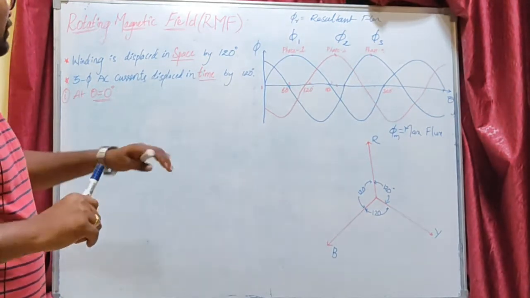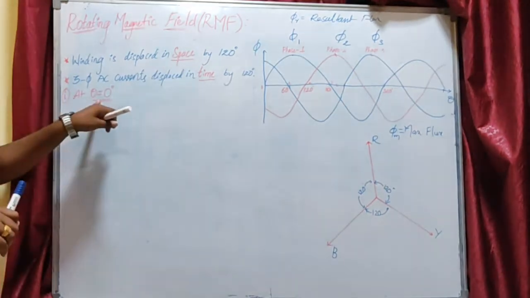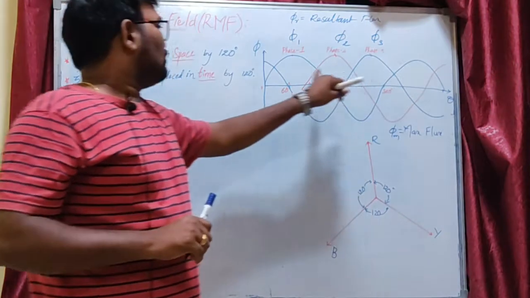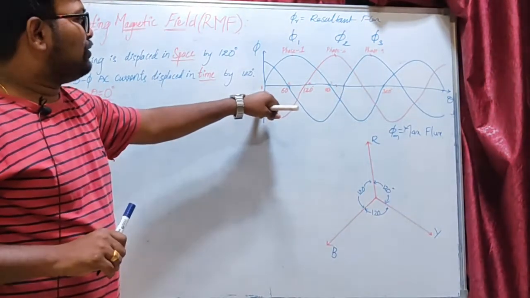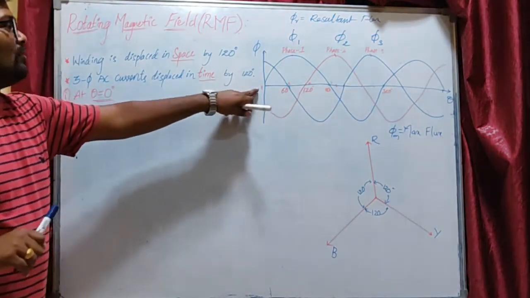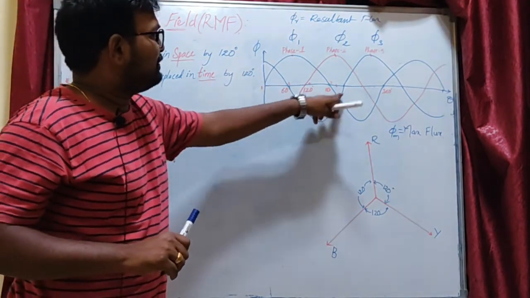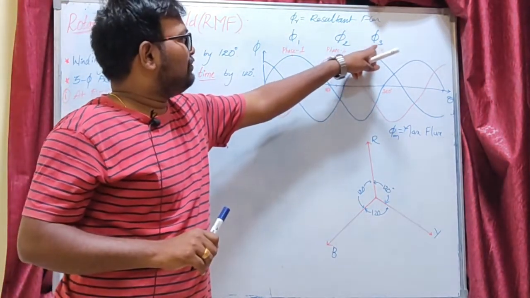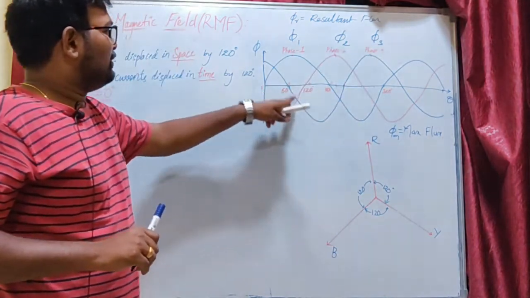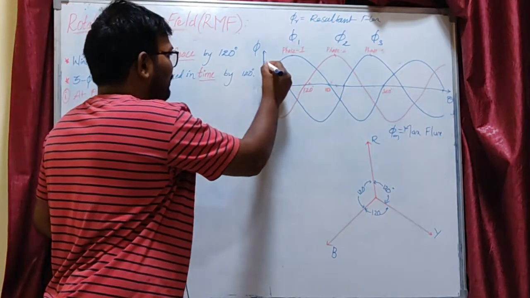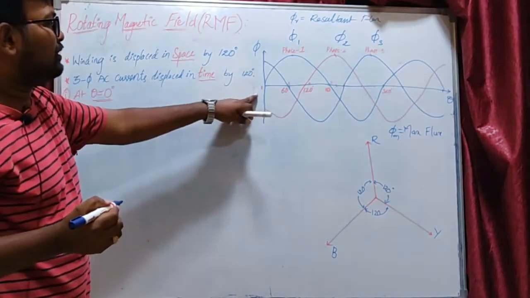Okay. So let us consider theta equal to 0. Here on the x axis we have theta. So at theta equal to 0, this is the waveform for flux 3, that is the phase 3 waveform, phi 3. So what is the value of phi 3 at the 0 instant?